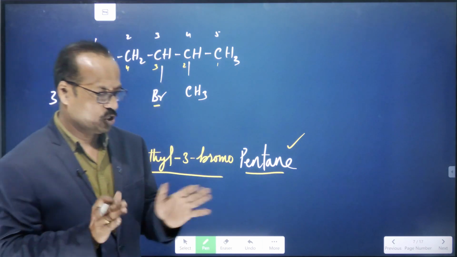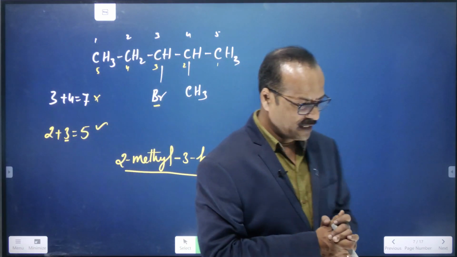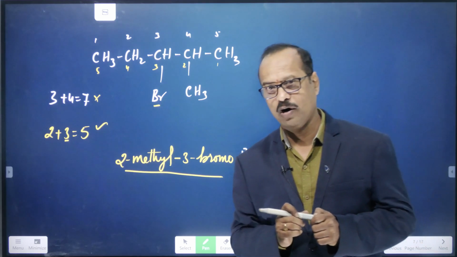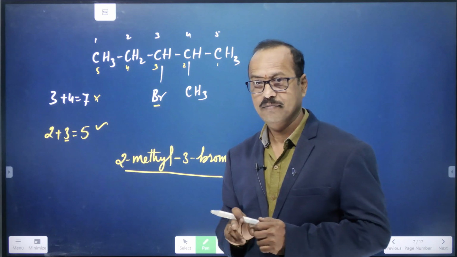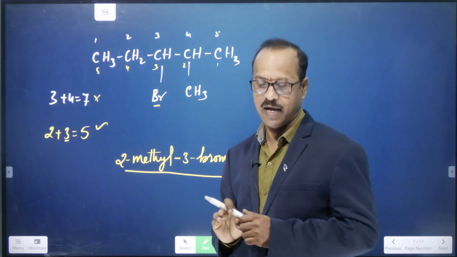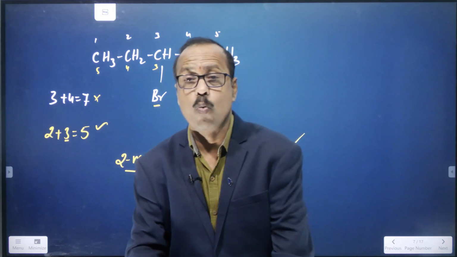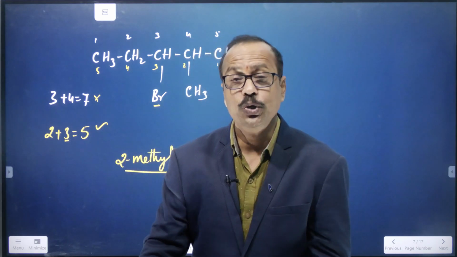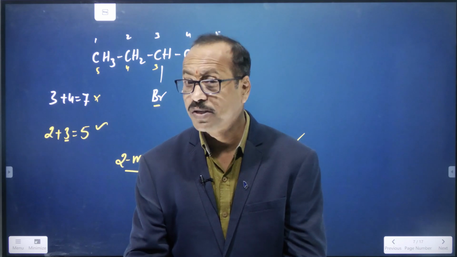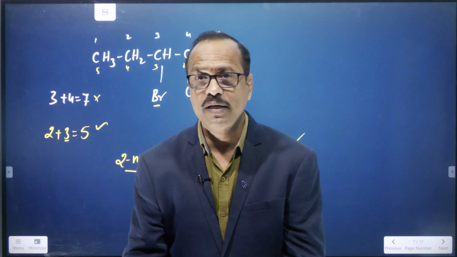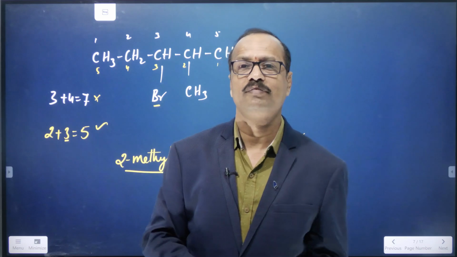Yes, students, here it is wrong because whenever two substituent groups are attached, like this bromine and methyl, then while writing the name, you need to follow alphabetical order. Alphabetical order for the substituents.